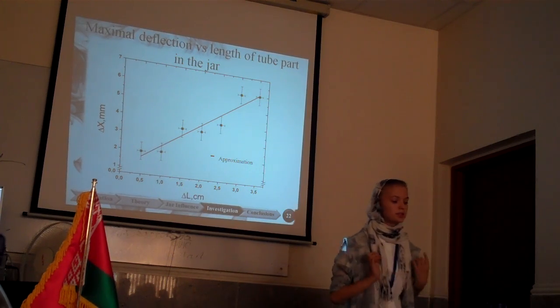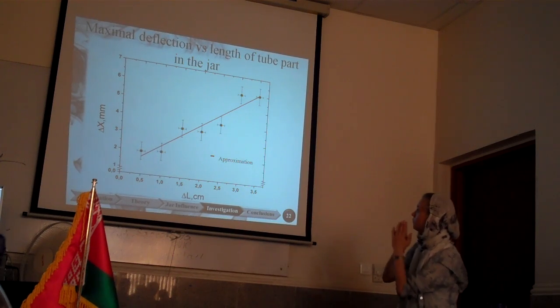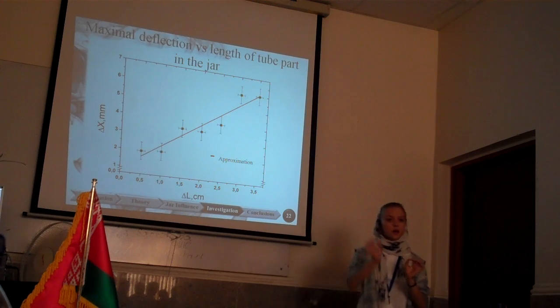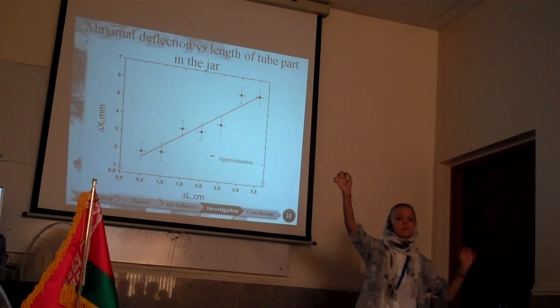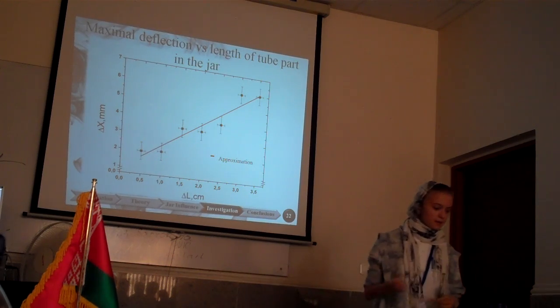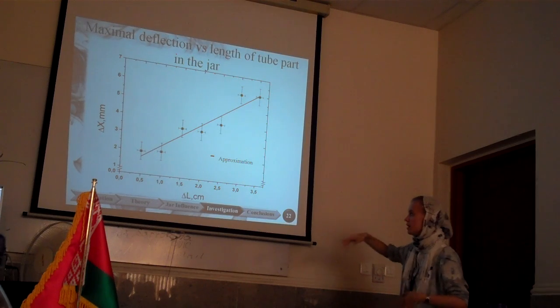Now, let's move to the next parameter: the length of the tube in the jar. Here we can see the maximum deflection of the beginning and the most curved part of our trajectory. And as you can see, this dependence is growing.